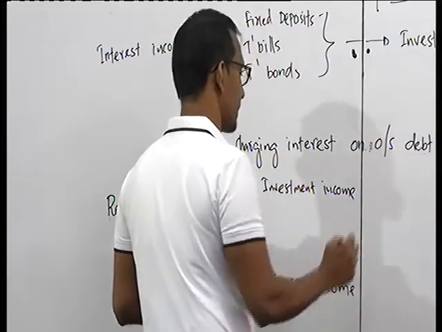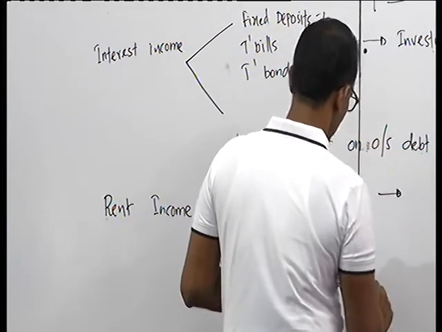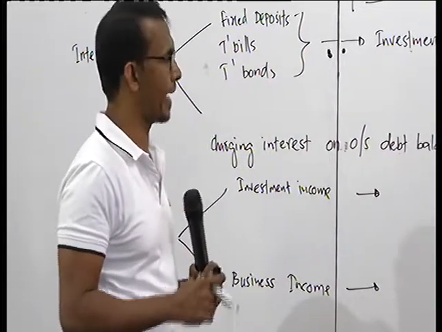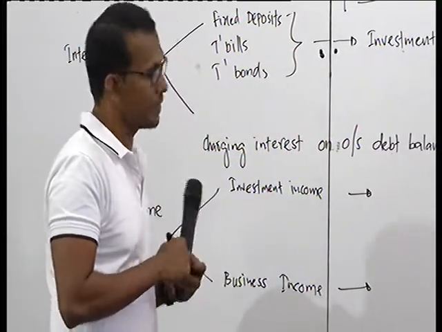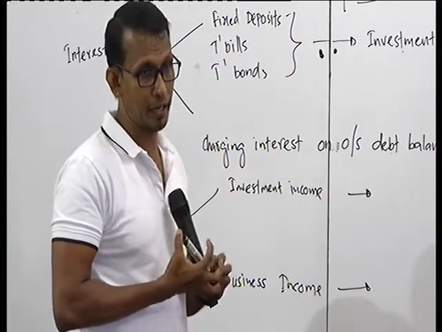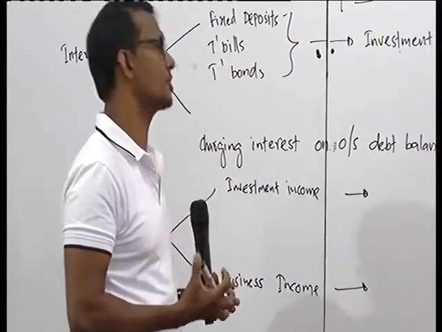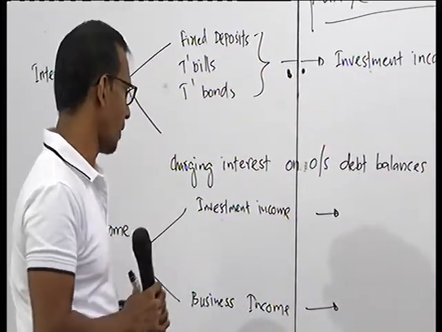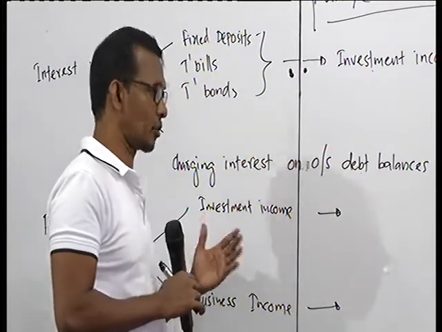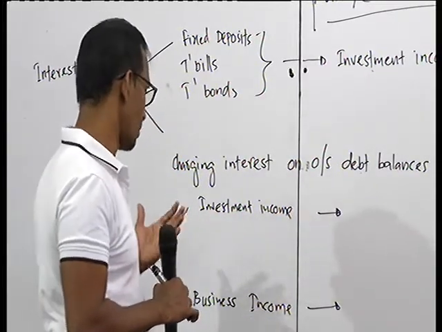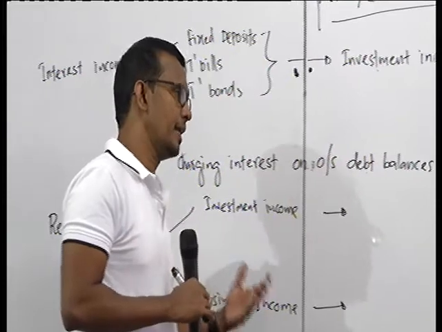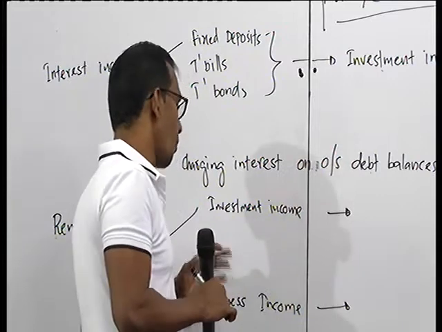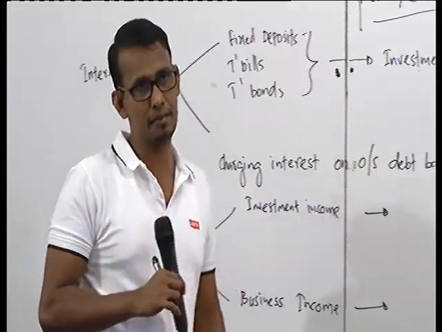Again, you will have to look at how the person who earns this income operates, what the motive behind it is, and how the activities are carried out, whether there is an intention of carrying on a business or an intention of conducting this as an investment activity. Later, when we talk about investment income, in the Inland Revenue Act they have specifically defined what investment income is and how it is generated.